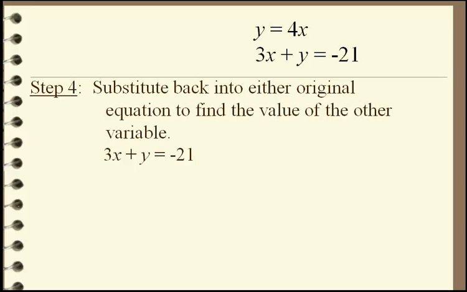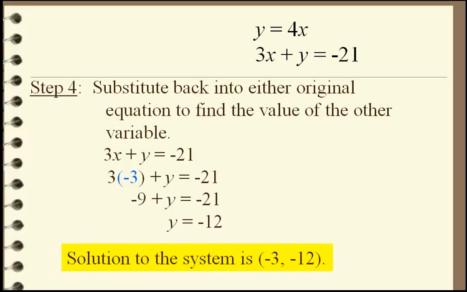So 3x plus y equals negative 21. We said x was negative 3. Where you see an x, you substitute in the negative 3, the value of x, solve for y equals negative 12. Now you know what your solution is to this system. Negative 3, negative 12.